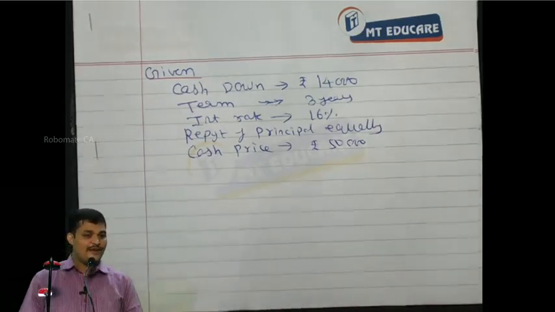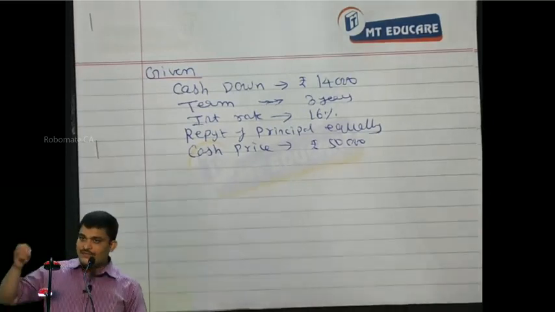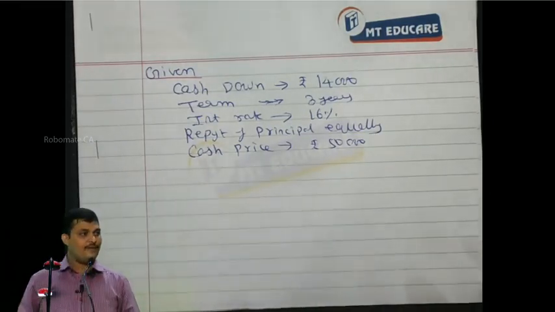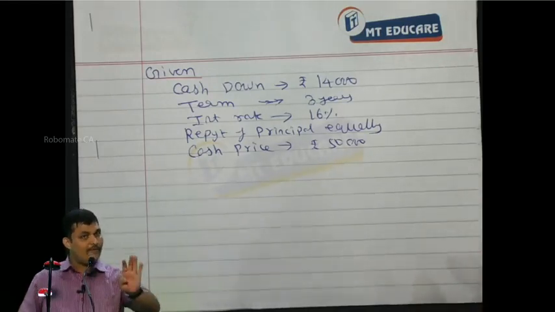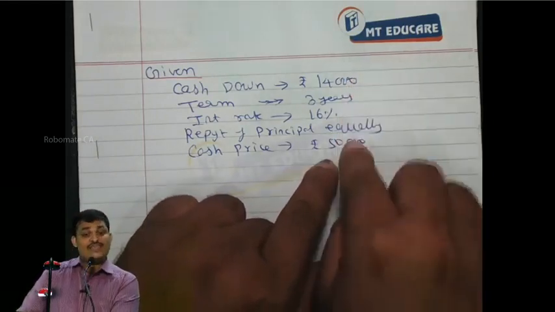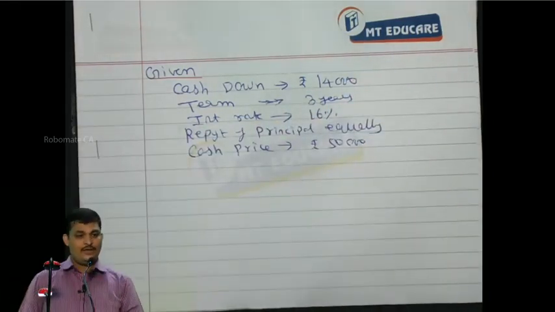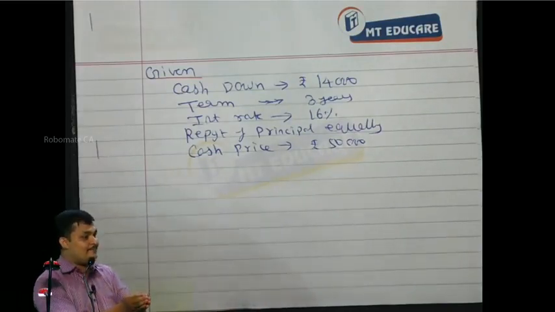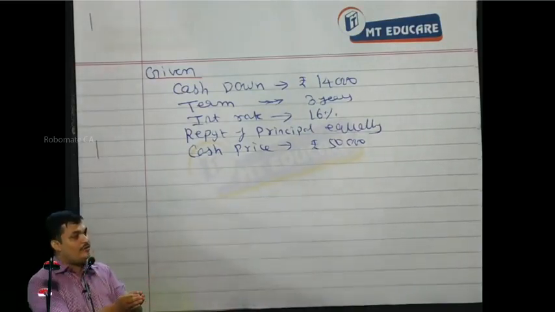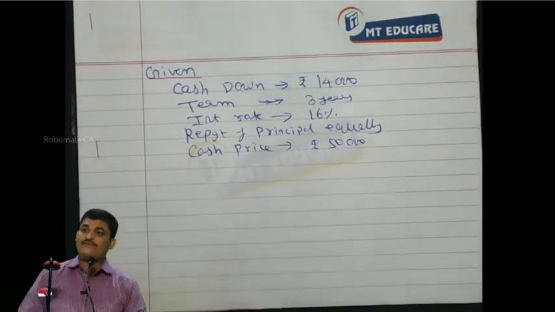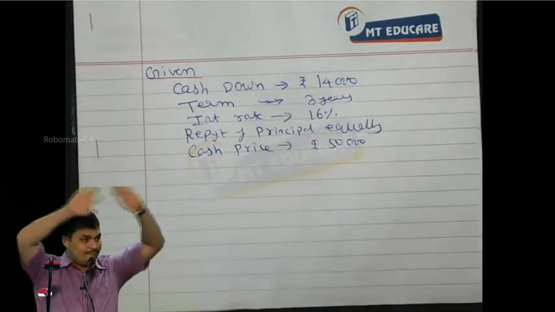Which means that is the principal amount, the amount on which you should calculate interest. Now one more fact is that the principal of 36,000 will be paid equally. Which means each installment will include principal of 12,000, 12,000, 12,000, as given in the question.